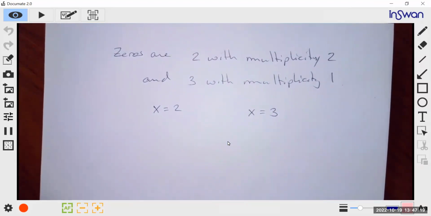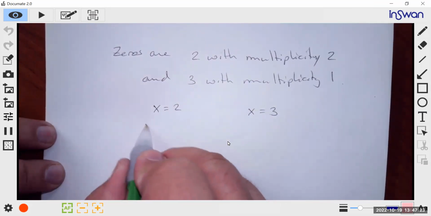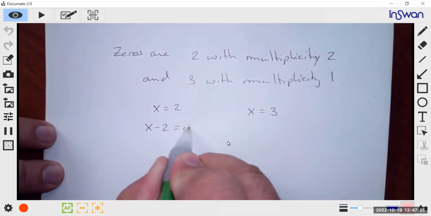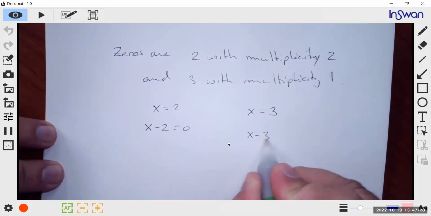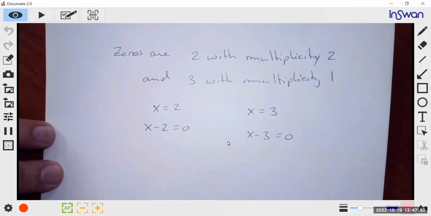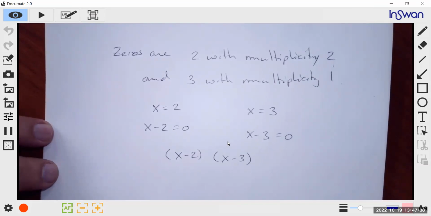So what does the first one mean? If the zero is 2, so we have x equals 2. We solve that, we get x minus 2 equals 0. X minus 3 equals 0. Multiply them together, but where does the multiplicity come in?